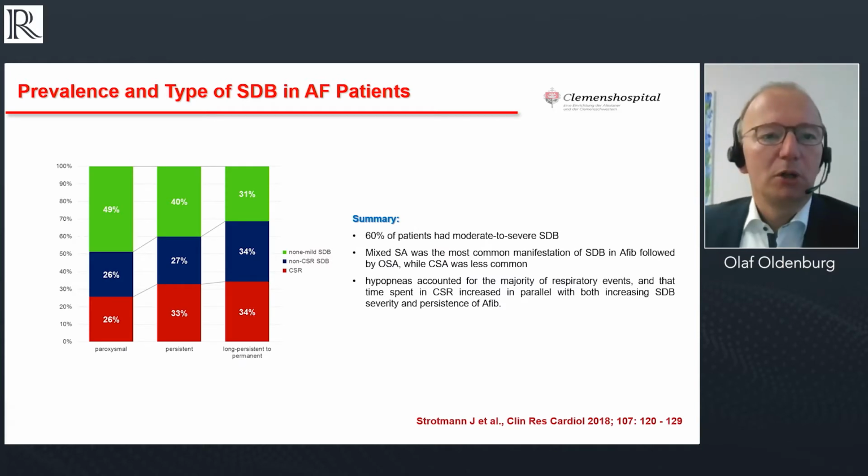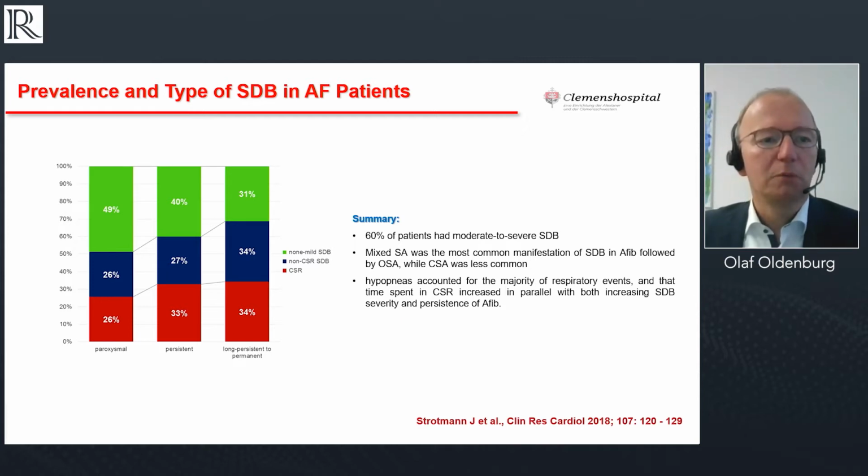Coming back to our small study here, as said, 60% of patients had moderate to severe sleep apnea. Mixed sleep apnea was the most common manifestation of sleep disorder breathing in this AFib cohort, followed by obstructive, and central sleep apnea was less common. And it's very interesting, hypopneas accounted for the majority of respiratory events.